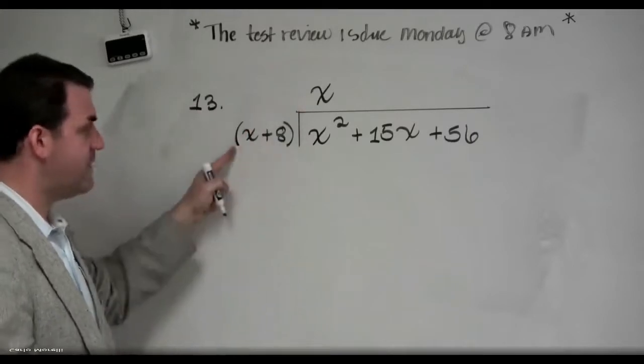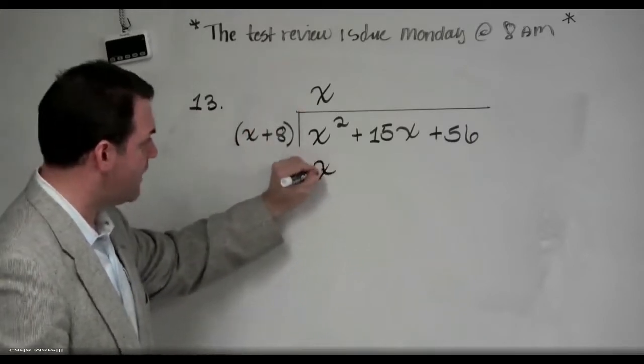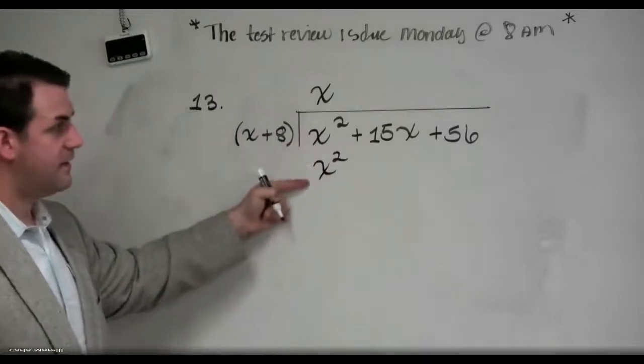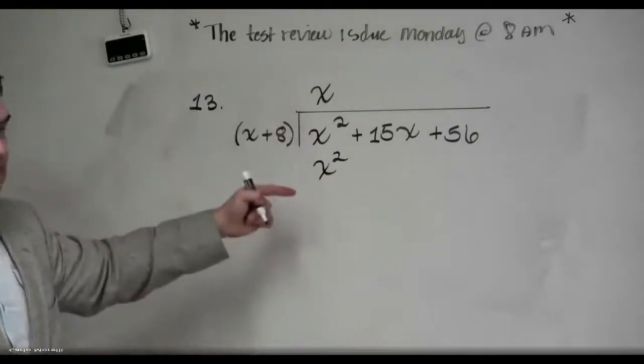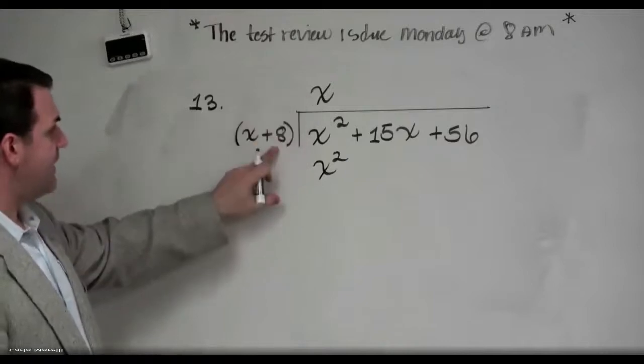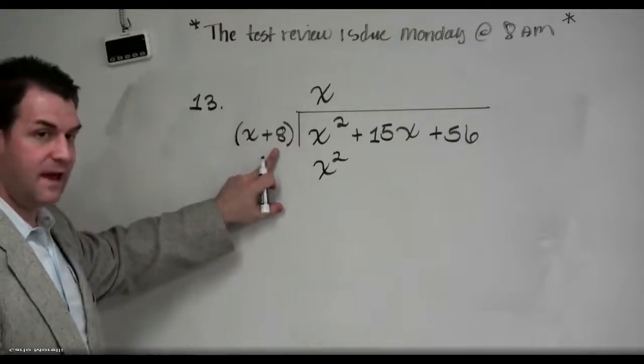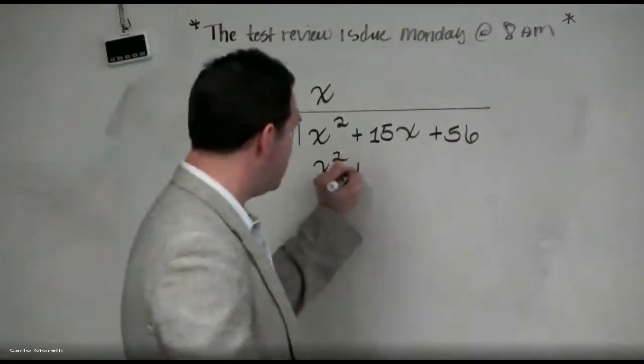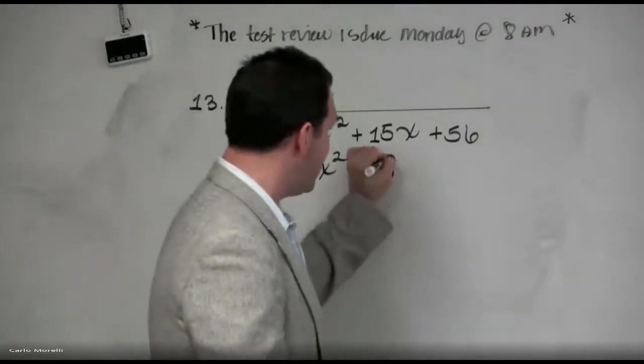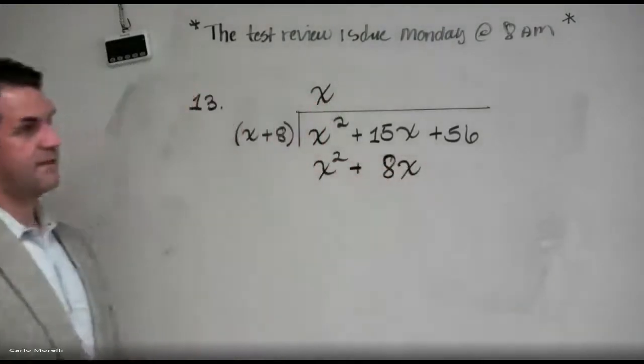So x times x is x squared. And write that beneath the x squared. And these need to line up exactly. Then x times 8, that's plus 8x. So put the plus symbol underneath the plus symbol and put the 8x underneath that 15x.